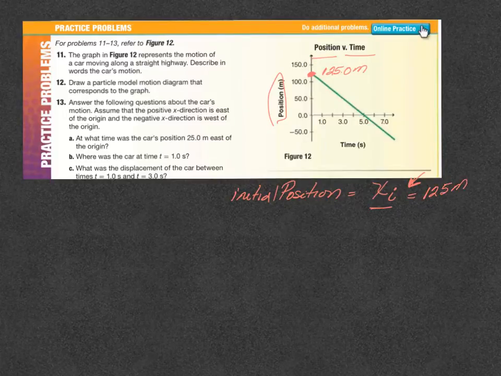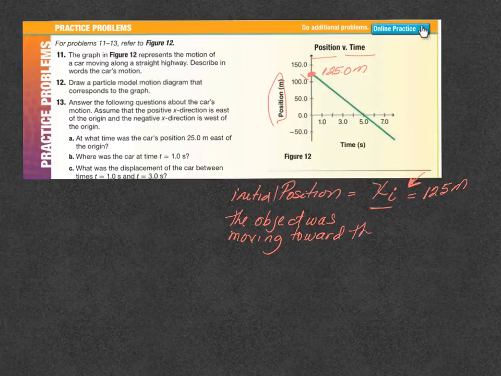The line is going down. What does that mean? That the object was moving towards the point of reference.